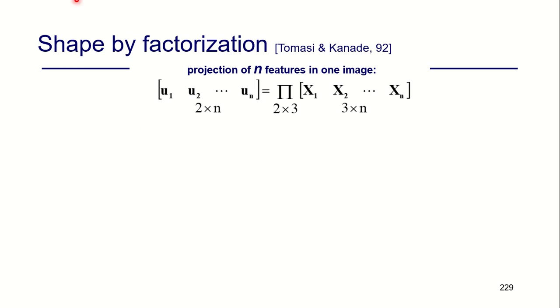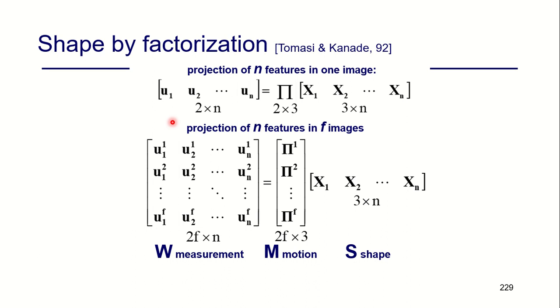By shaping the factorization, this is the final equation for the projection of n features in one image: u_1 up to u_n equals pi times the product of x_1 up to x_n. This is a 2 cross n matrix, this is a 2 cross 3 matrix, and this is a 3 cross n matrix.